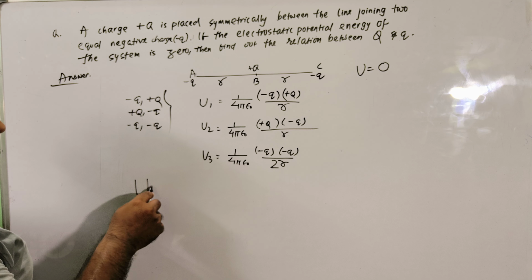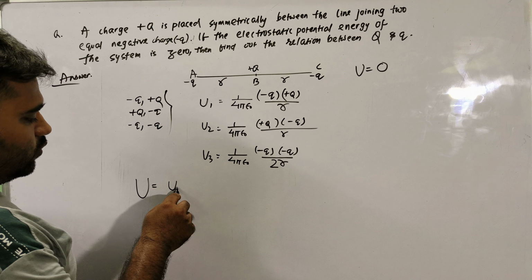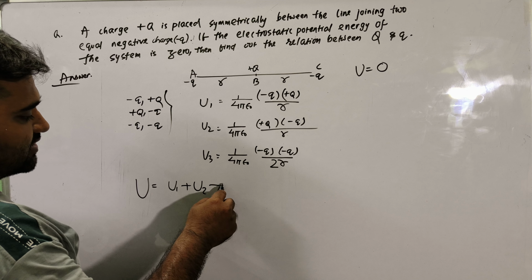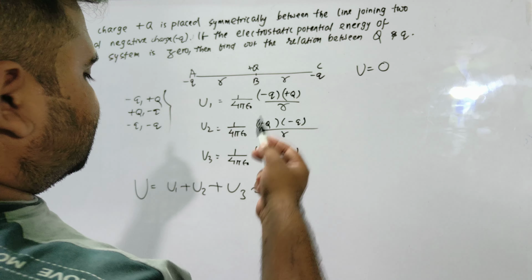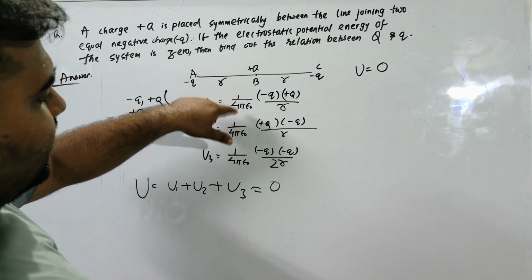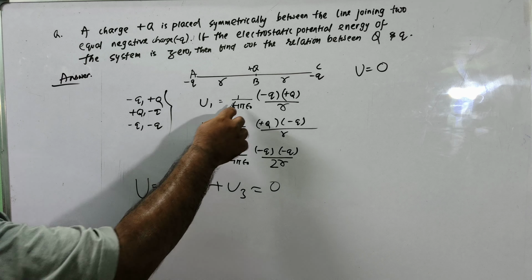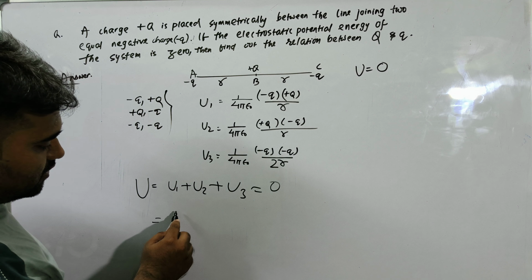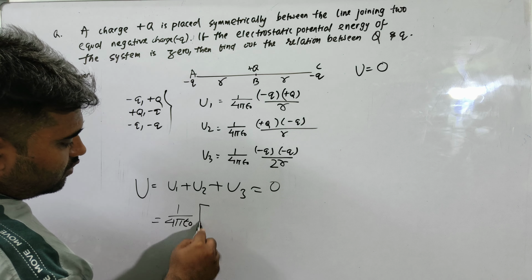So the total potential energy of the given system is U is equal to U1 plus U2 plus U3, which equals 0 as per the given condition. Since U1, U2 and U3 all have a common factor, 1 upon 4 pi epsilon naught, you can write it as 1 upon 4 pi epsilon naught.